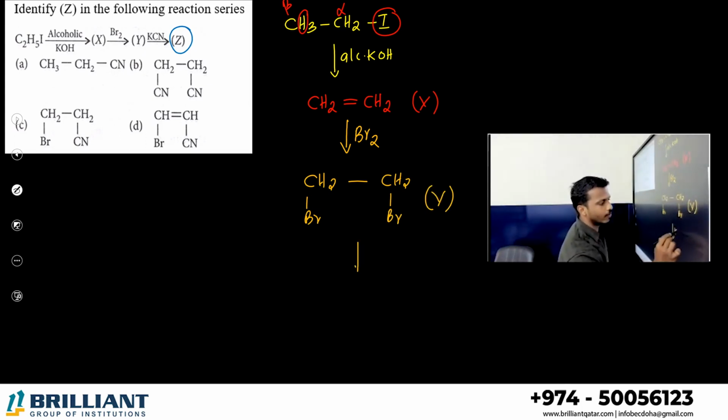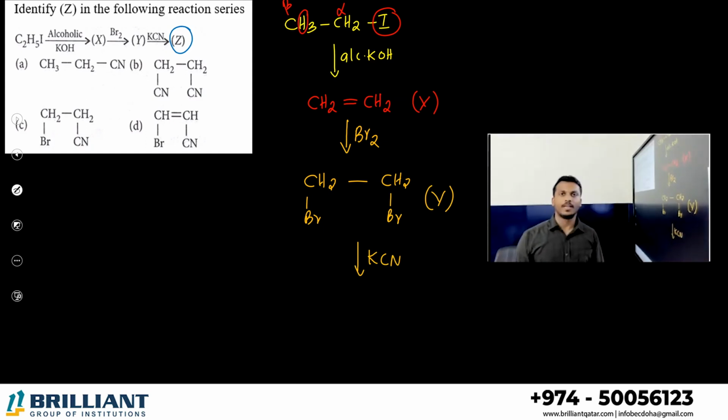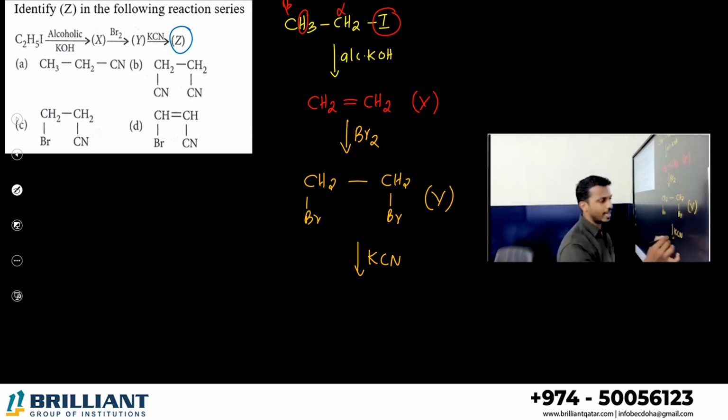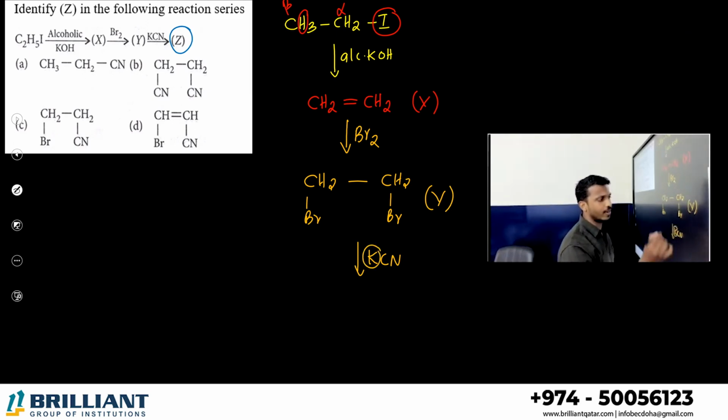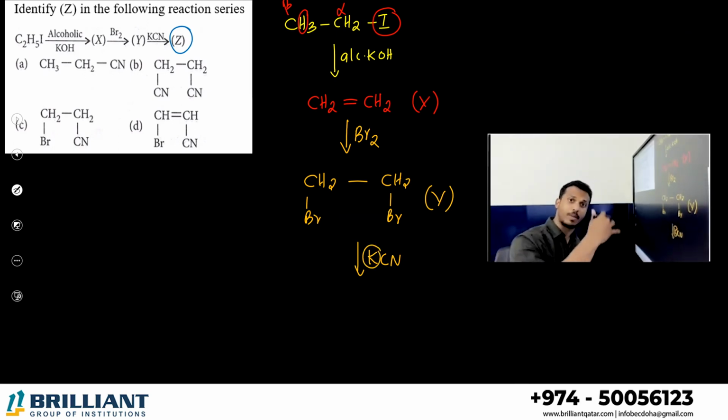This one you treated with KCN. Dear student, in organic reactions, it is not compulsory to balance. So they specified KCN, correct, but they didn't specify how many KCN. So what happened here? Potassium will remove bromine as KBr. Cyanide will substitute.